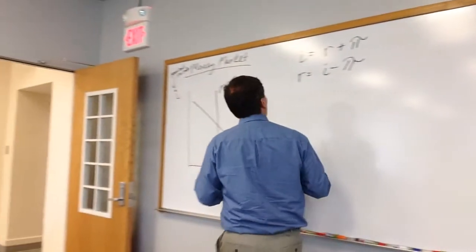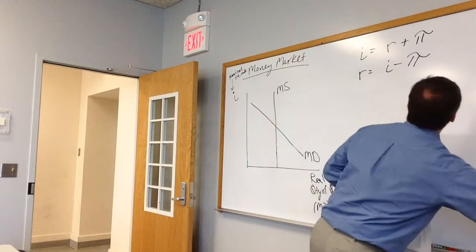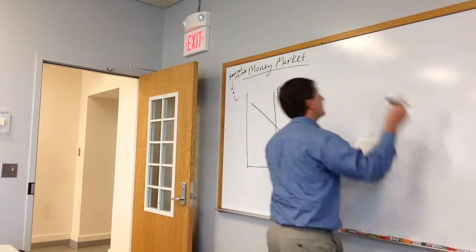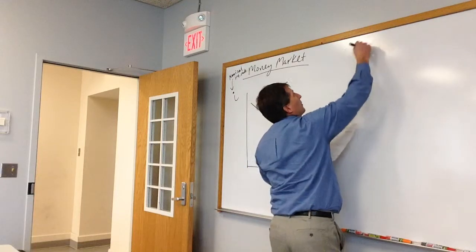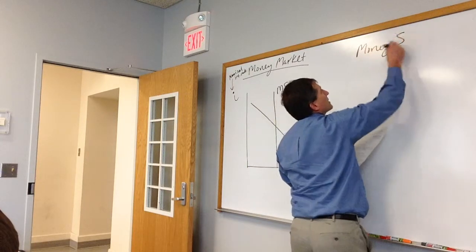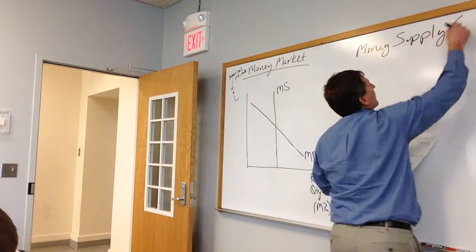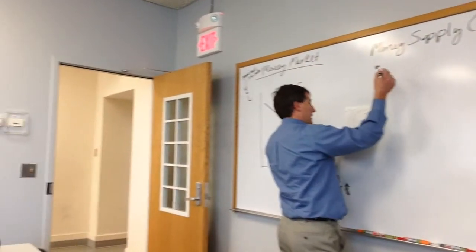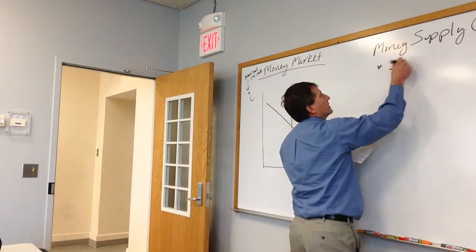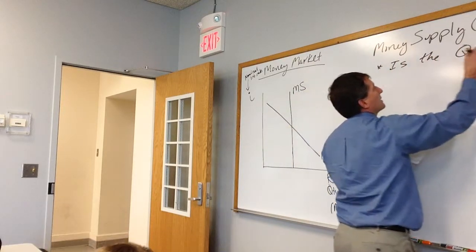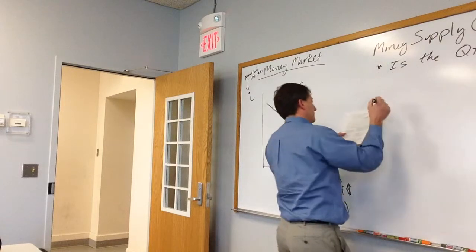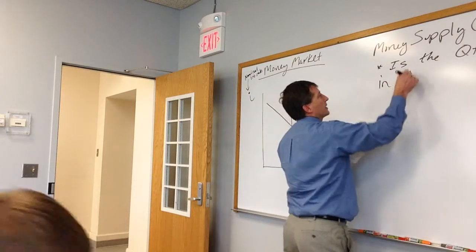All right, so let's jump right into a few definitions here. Money supply, MS, is the quantity of money in circulation.